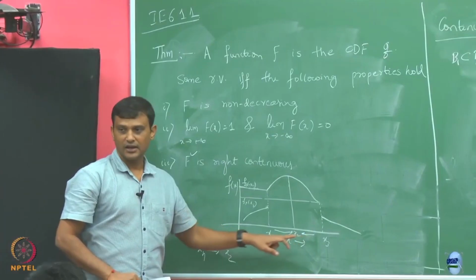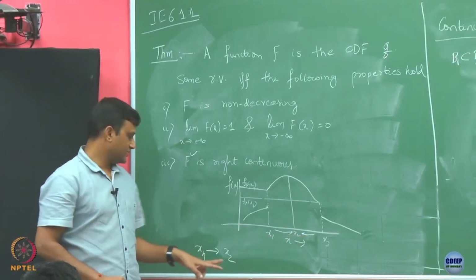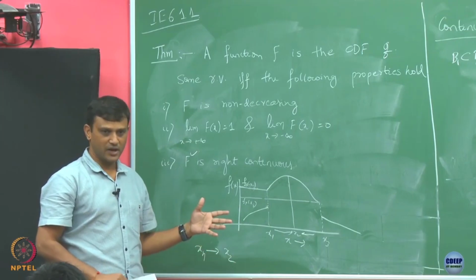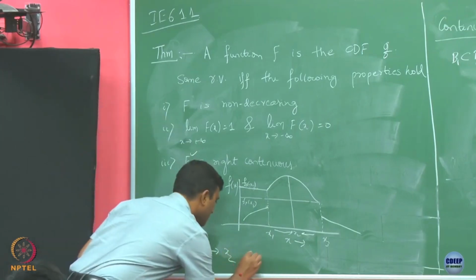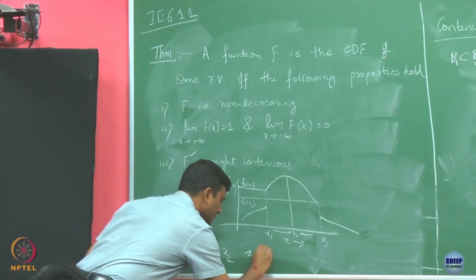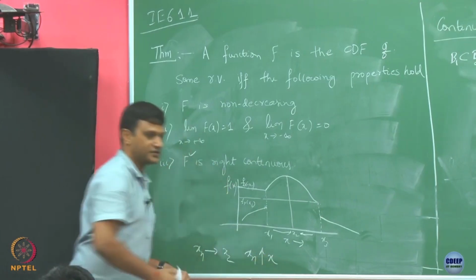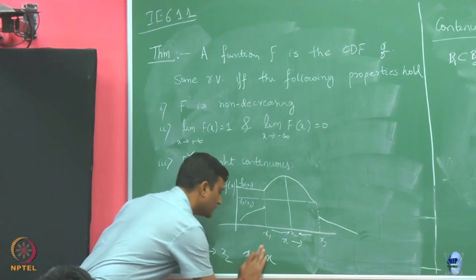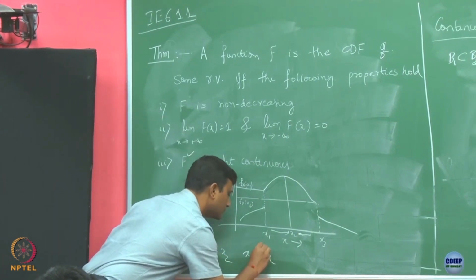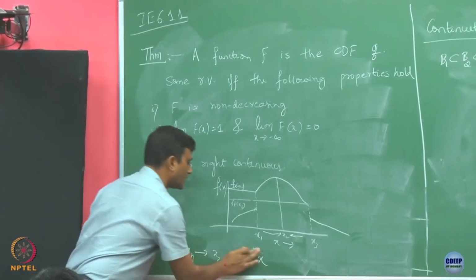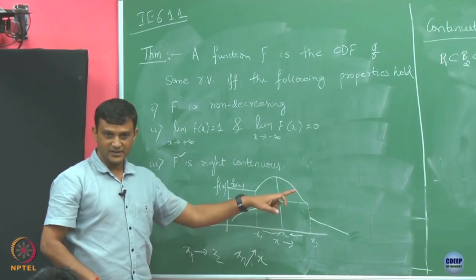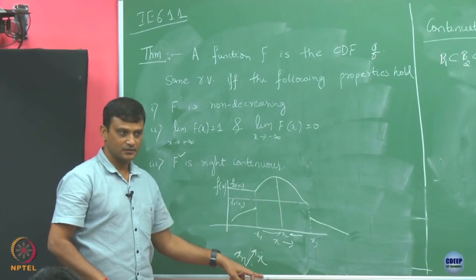I can get this sequence xn converging to x in multiple ways. One possibility is that xn is an increasing sequence and it converges to x.